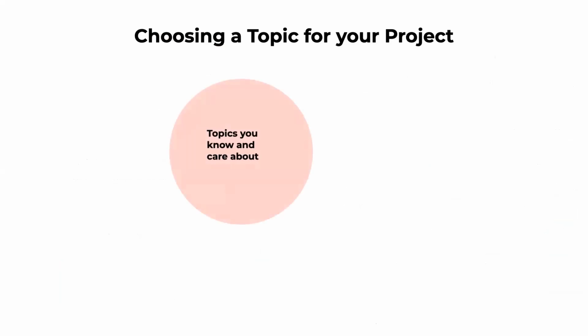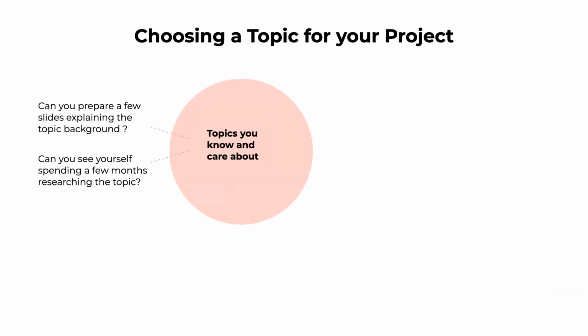The first one is you should select a topic that you know and care about. So when you select a topic for a research project, you should ask yourself, can you prepare a few slides explaining the topic background, right? So as you found, some of them are more difficult than others. Some of them you care less than others. So for example, can you see yourself spending a few months researching this topic?